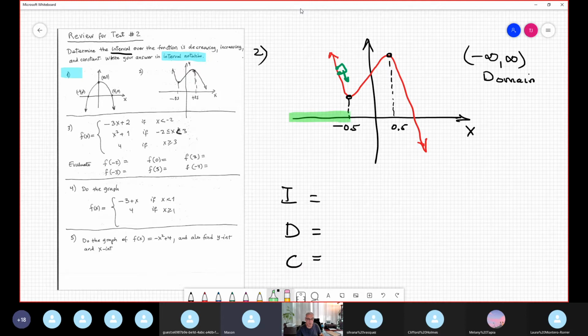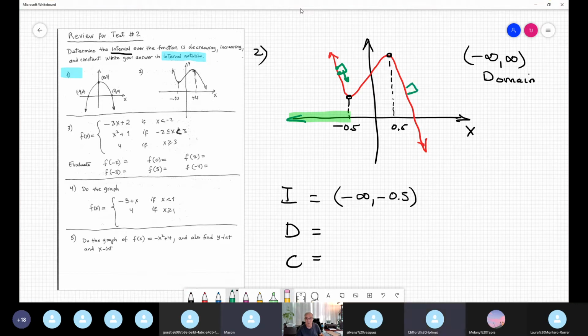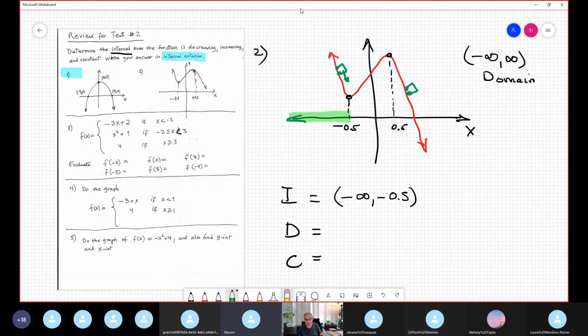Entonces, it's decreasing in this interval. How do you express this interval? Well, I express it like that. This is from negative infinity, comma, negative 0.5. And we have another part that's decreasing. Yes, I suppose. That part, wouldn't that go into decreasing? Sorry, thank you. Decreasing. Let me change the letter.